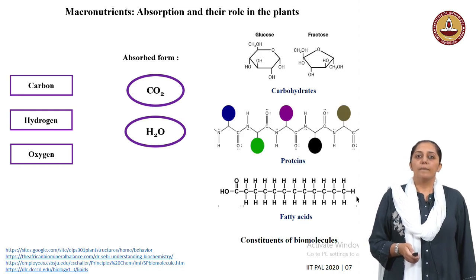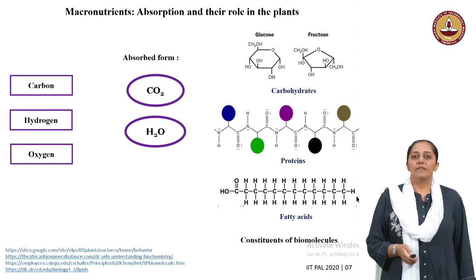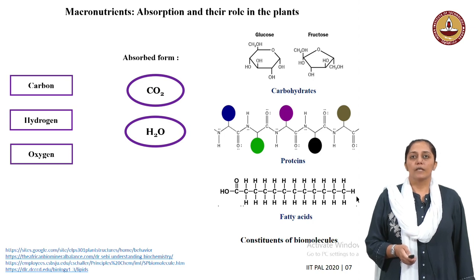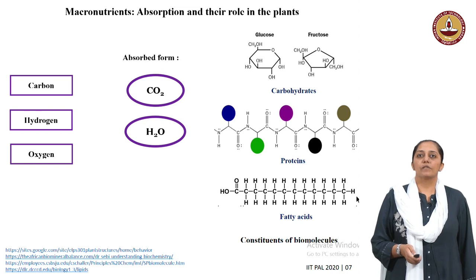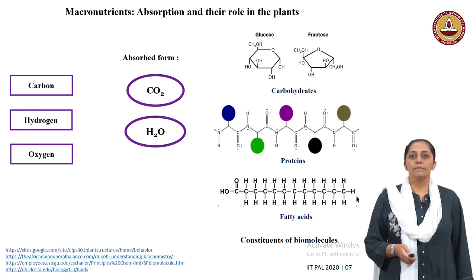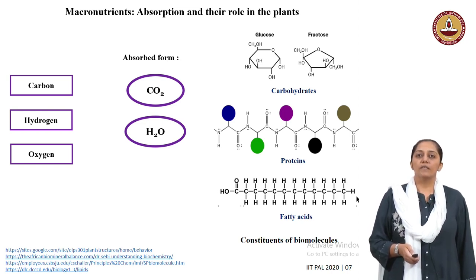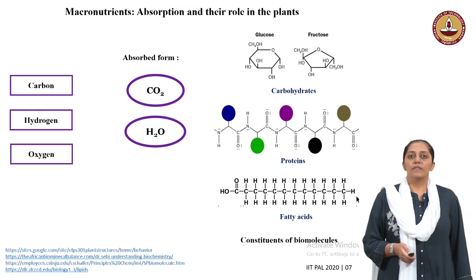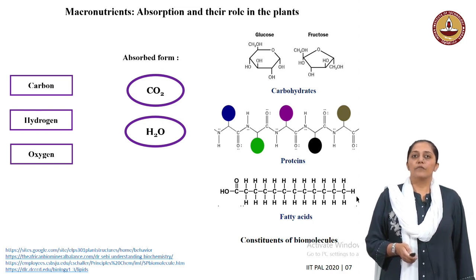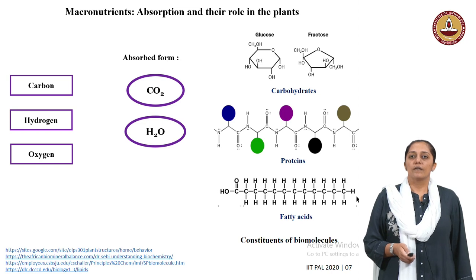You can see all the three elements as a part of various biomolecules in the plant, including carbohydrates, shown here with some examples like glucose, fructose, then proteins, where you can see carbon, hydrogen and oxygen as their structural components, and in fatty acids.